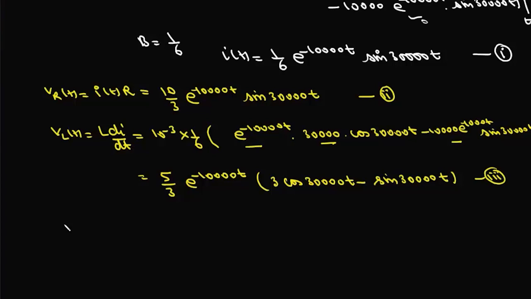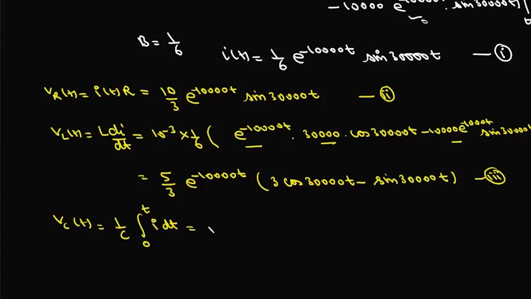And finally we'll find voltage across capacitor at time t. Now we know that at t equals 0 there is no charge or no voltage across capacitor. So we'll simply write this integral from 0 to t.